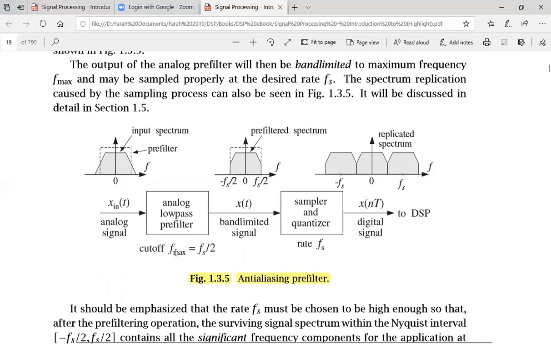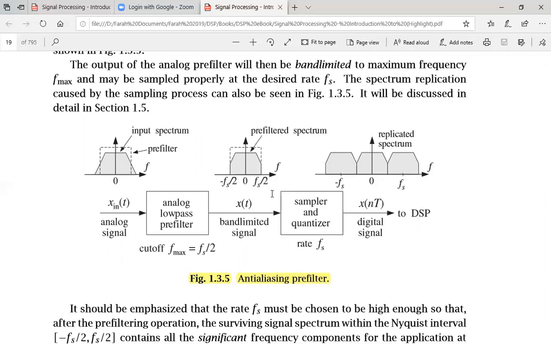From this picture, you observe that this gray was the original spectrum, or input spectrum, of the signal x(n), but once it has been band limited, the corner edges are removed, and your signal is truncated between minus fs by 2 to fs by 2. The signal is now band limited.